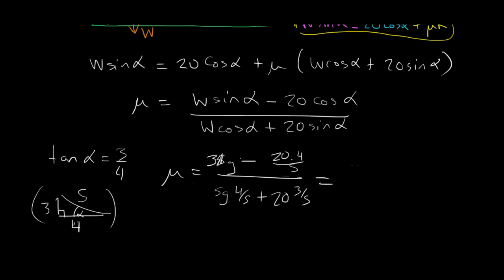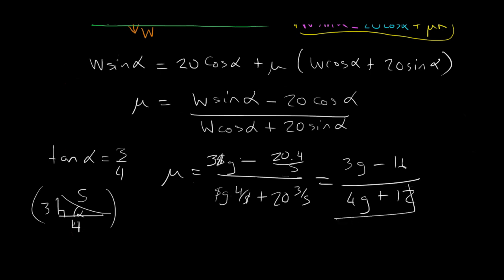So that should be equal to 3g minus 20 divided by 5 is 4, 4 times 4 is 16, over, this cancels with that 5, then you get 4g plus 20 divided by 5 is 4, 4 times 3 is 12.